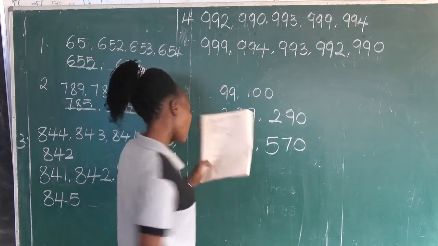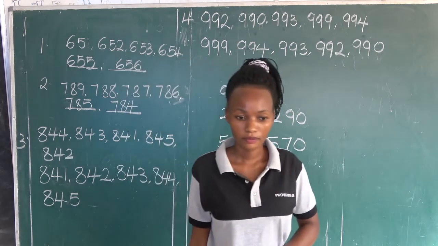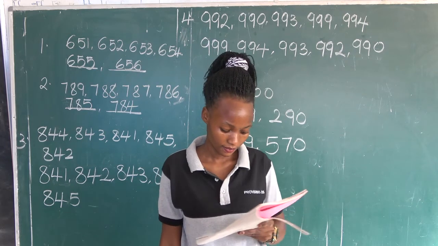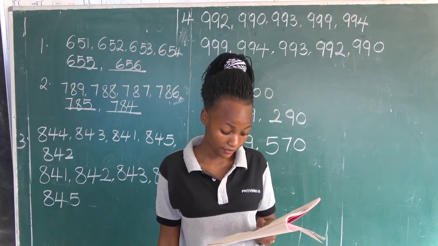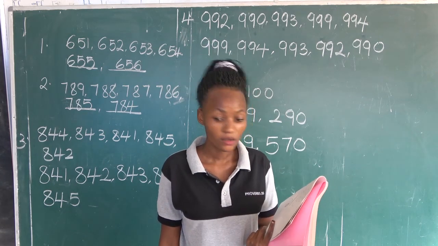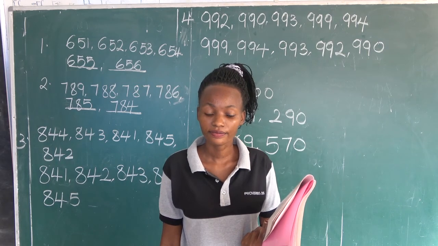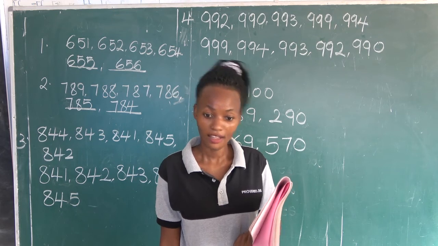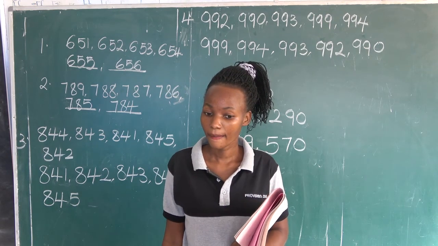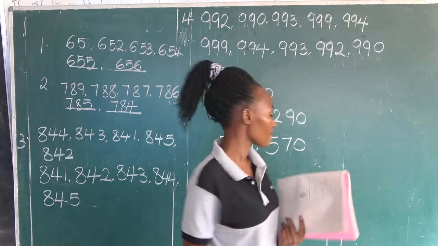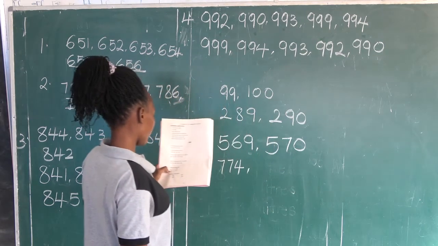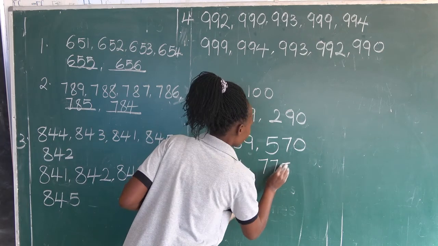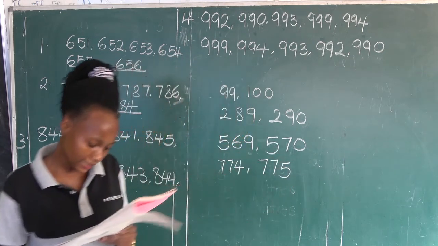Which number comes after? Yes, pre-shift. 775. Thank you, 775. Then number 6.